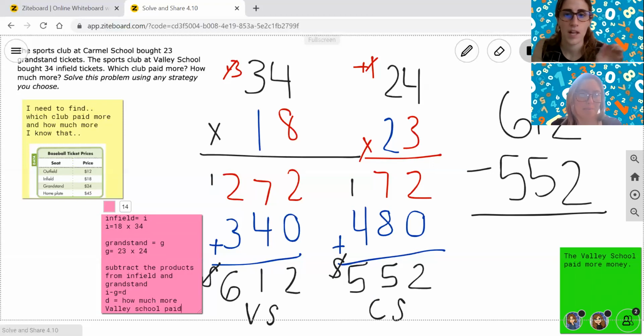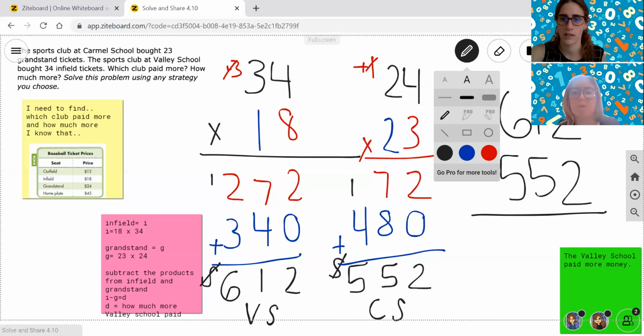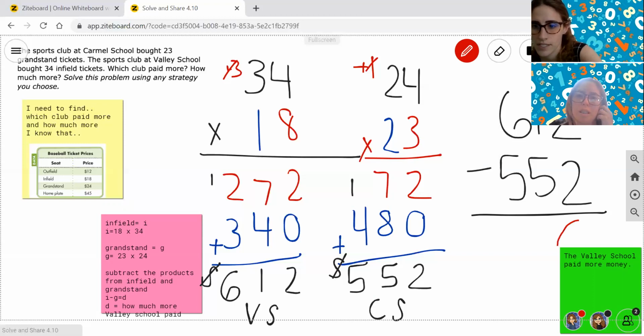Perfect. Okay, so now we can go back to our subtraction equation over here. First I can start by subtracting in the ones place. 2 minus 2 is 0. Now I can't take 5 from 1, so I'm going to have to regroup 100 from the 600, so that becomes 5.